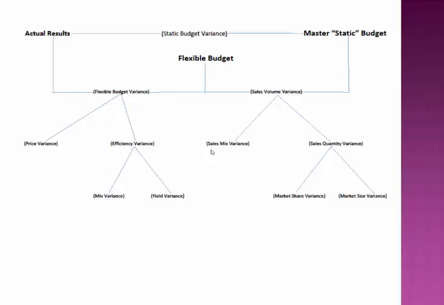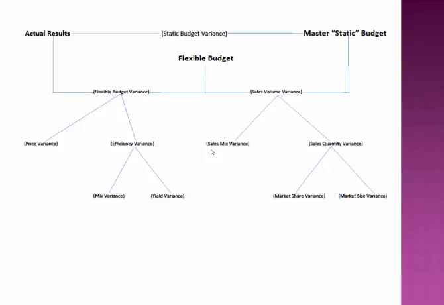Okay, so we can literally say actual sales mix minus budgeted sales mix times budgeted contribution margin per unit and calculate the sales mix variance.